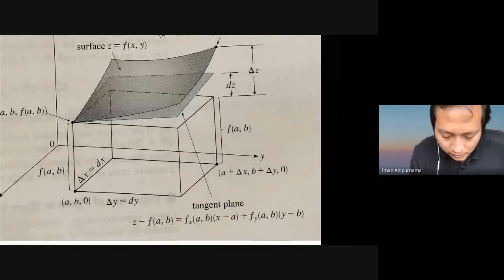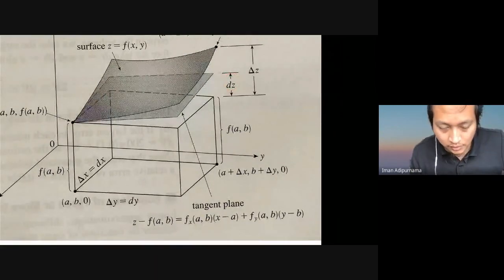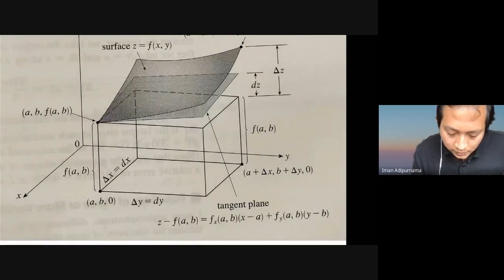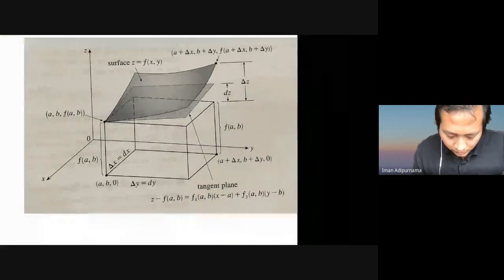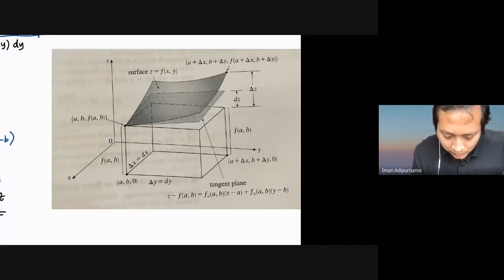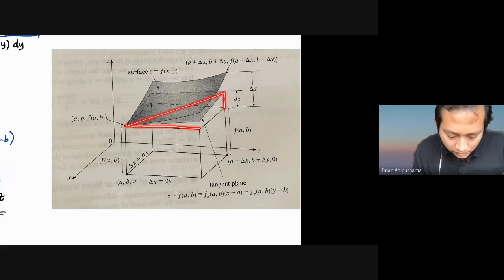The difference with dz is that dz is the difference on the tangent plane. So we have the tangent plane here, and dz is the difference of the tangent plane at this point here.